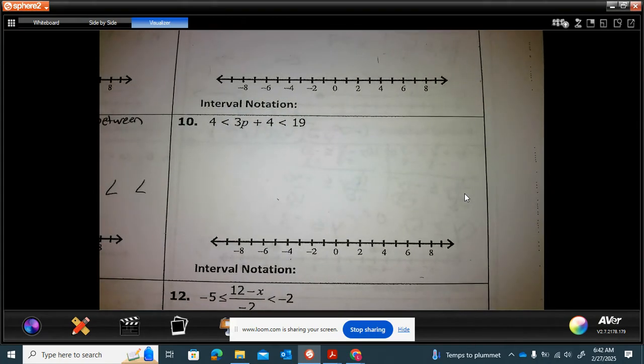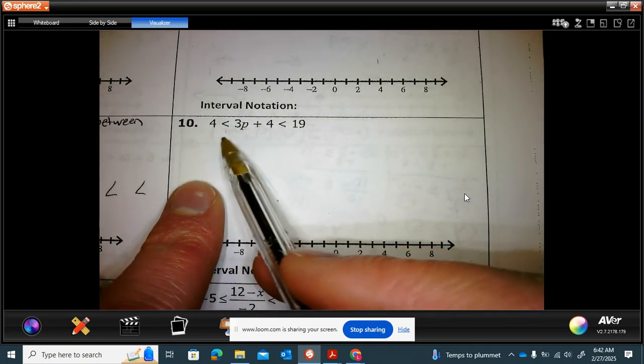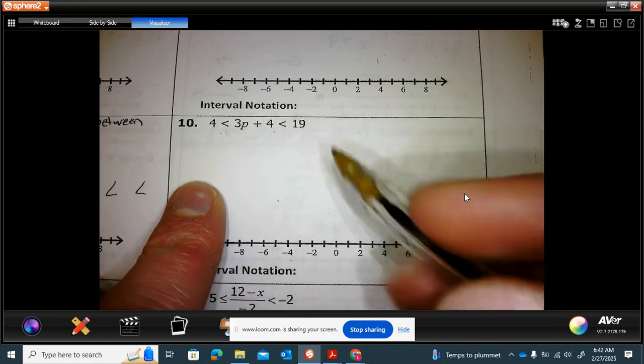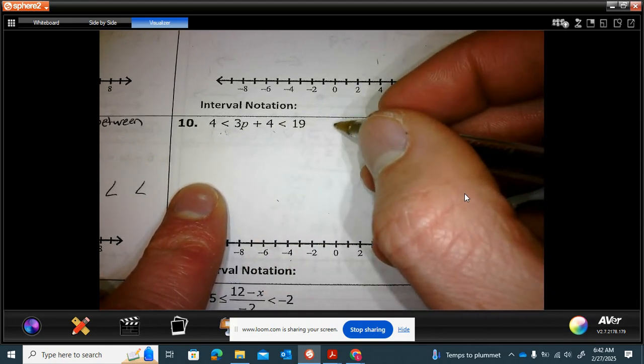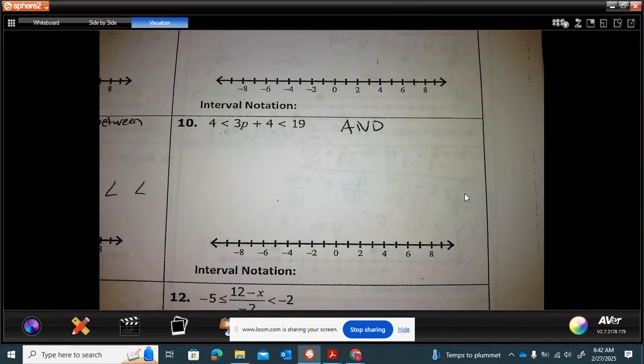So look at question 10. Again, it doesn't say the word or, and it has two inequality symbols. So if it has two inequality symbols and it doesn't say the word or, I know right away it's an and inequality. And so here's what I do.